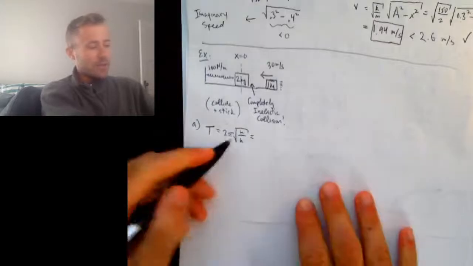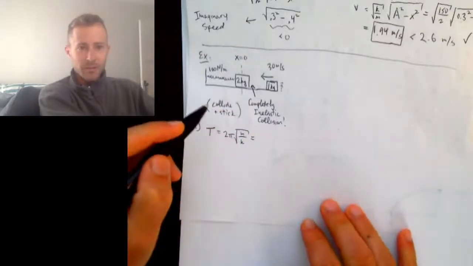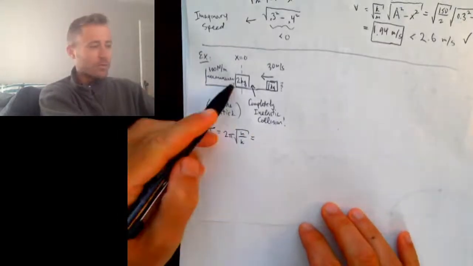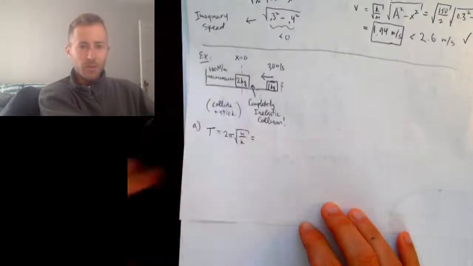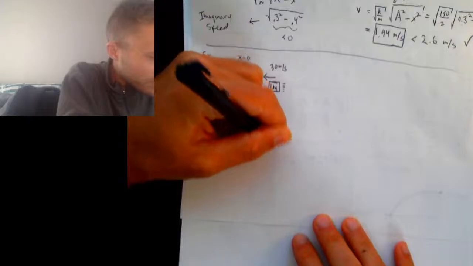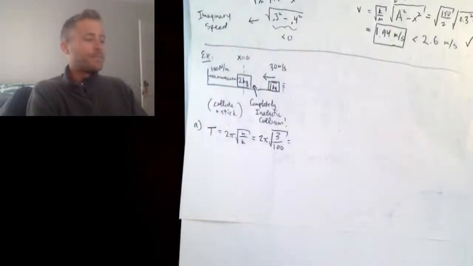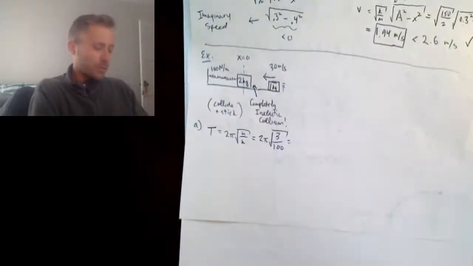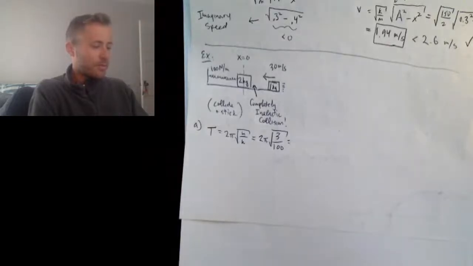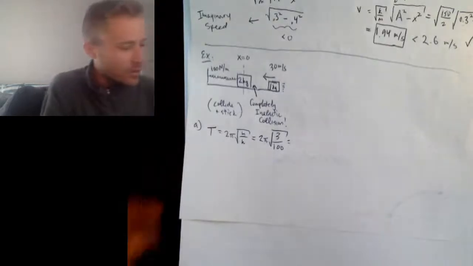So the mass that I should use is the total amount of mass that's going back and forth, which is 2 kilograms plus the 1 kilogram that collided with it, so 3 kilograms. Okay. I didn't actually work this out last period, so let me go ahead and do the numbers here. So that's going to be about 1.1 seconds is the period.